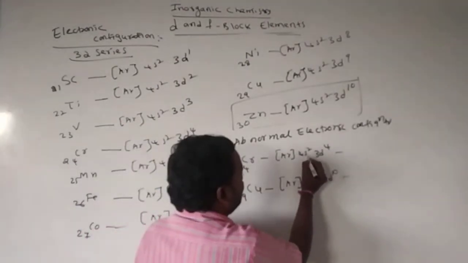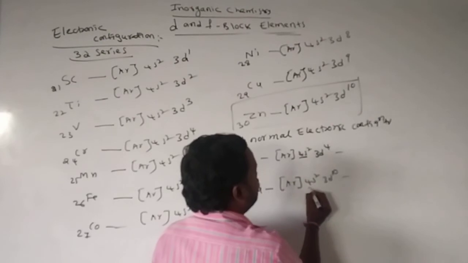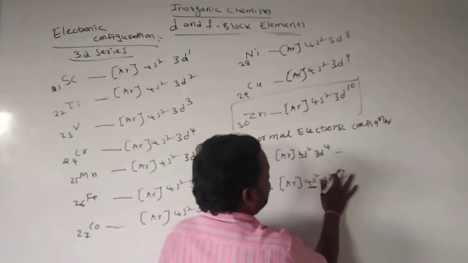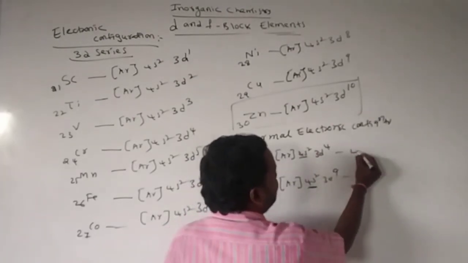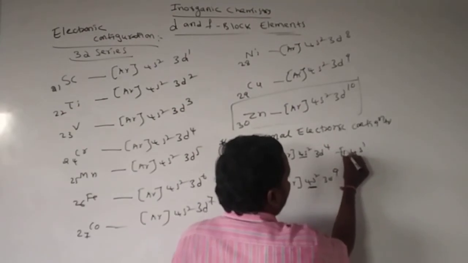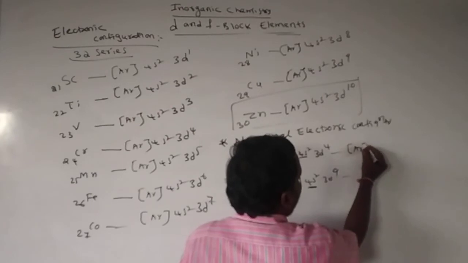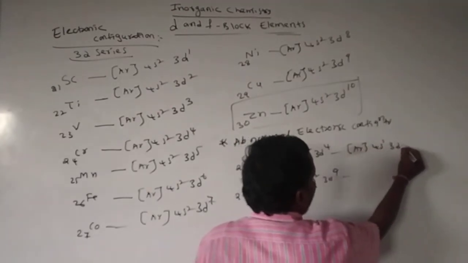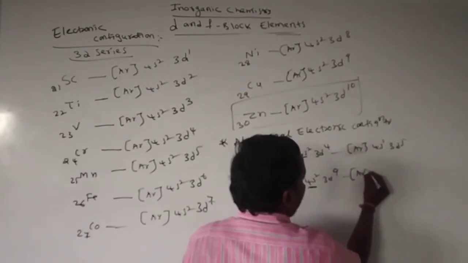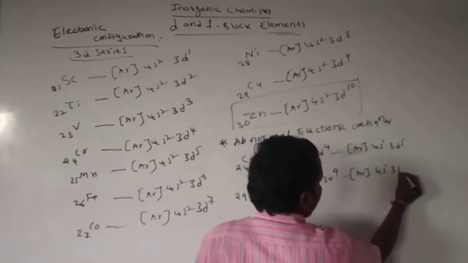Here, if one electron is excited from 4s to 3d, then it becomes argon 4s1 3d5. Here also argon 4s1 3d10.